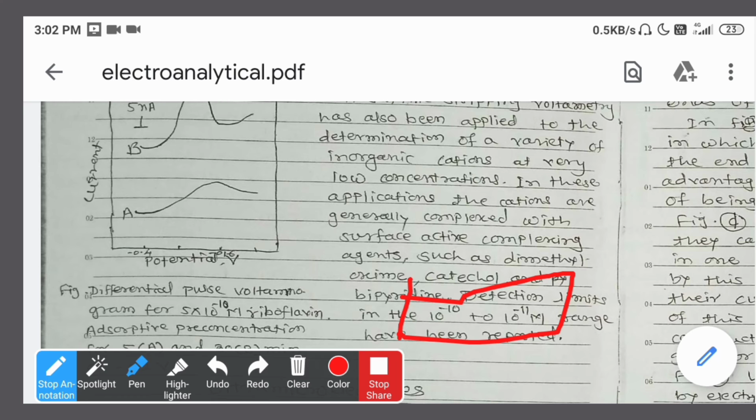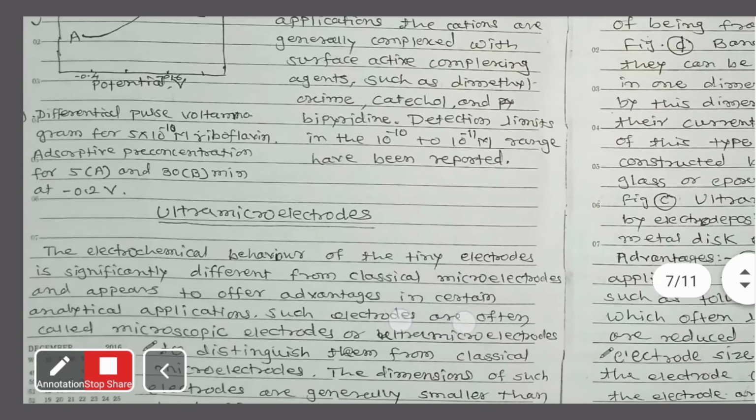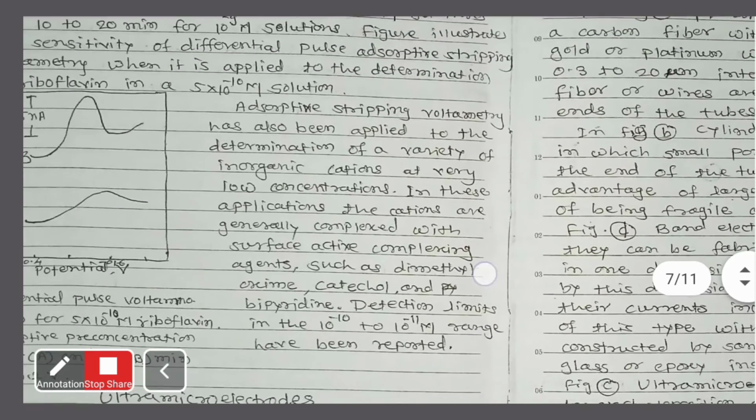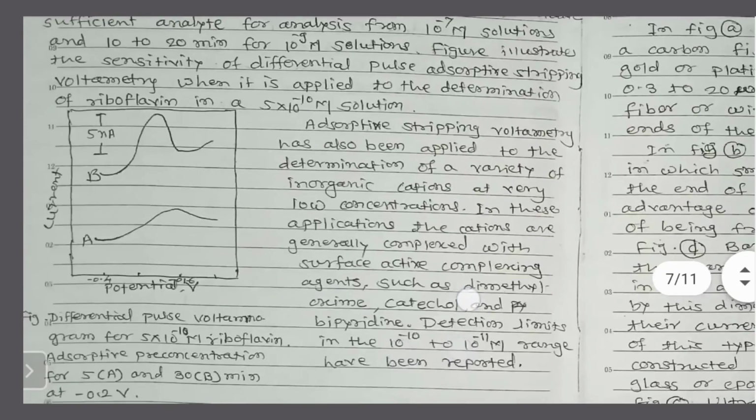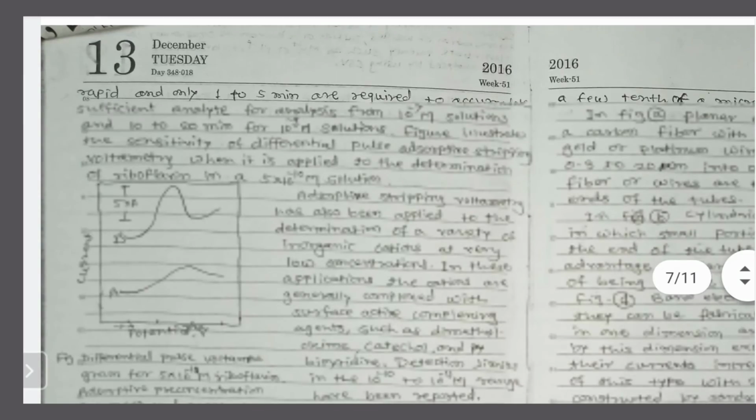Among all the techniques we have seen so far, this technique gives the most accurate and lowest detection limit. So adsorptive stripping voltammetry is quite superior over the other techniques.